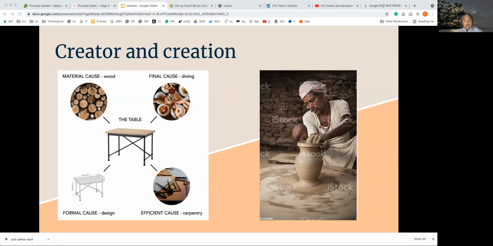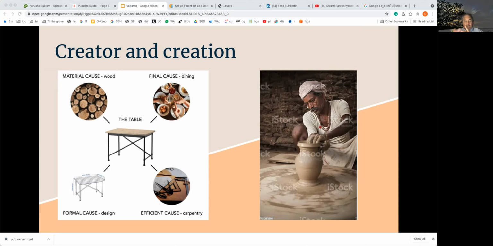So there are two things in play here: the material cause, and the efficient cause. The efficient cause is the intelligence that is involved in transforming matter or material into some creation.